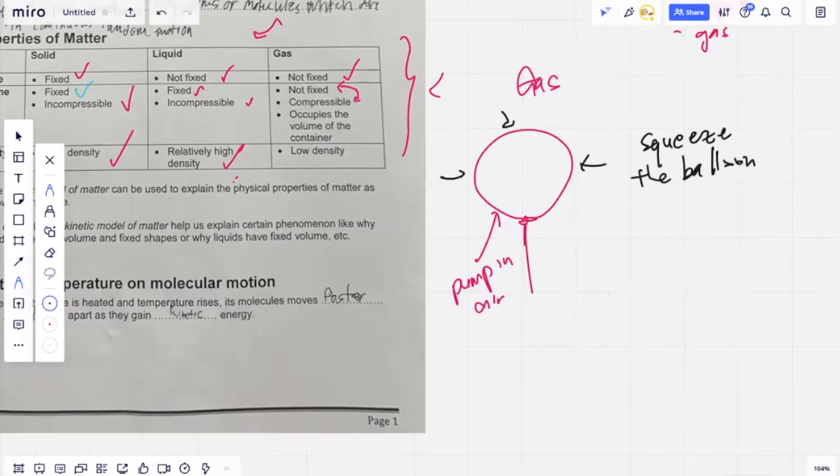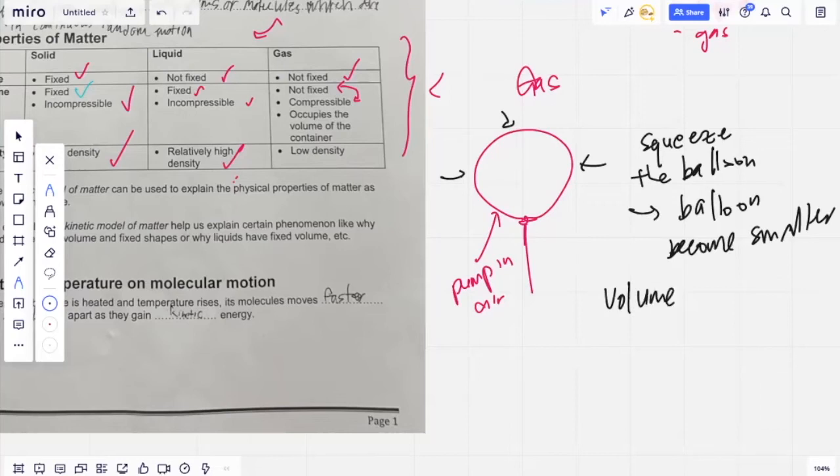Then we will find that the balloon becomes a little smaller before it bursts. That means the volume isn't fixed because by compression you can cause the volume to become smaller. So being able to compress means that the gas is compressible.